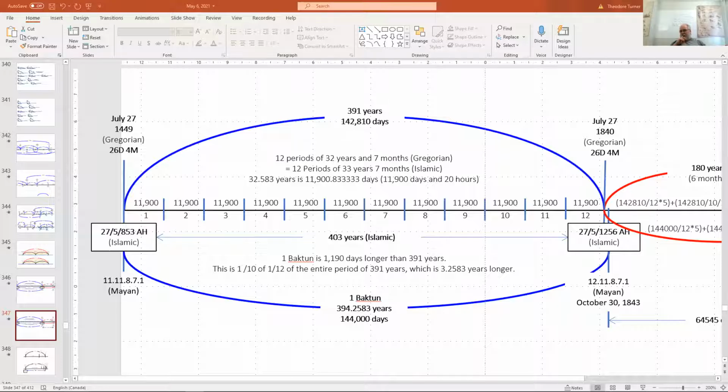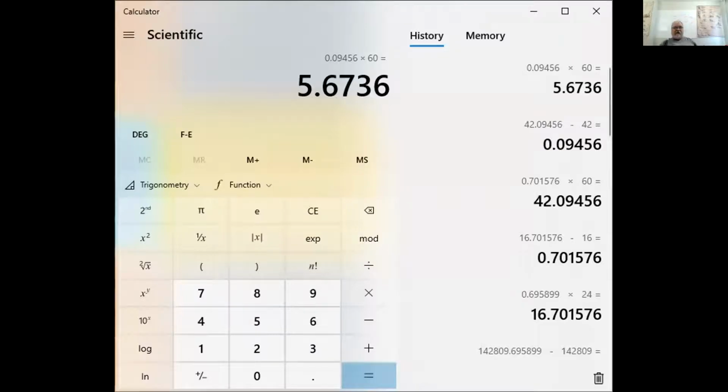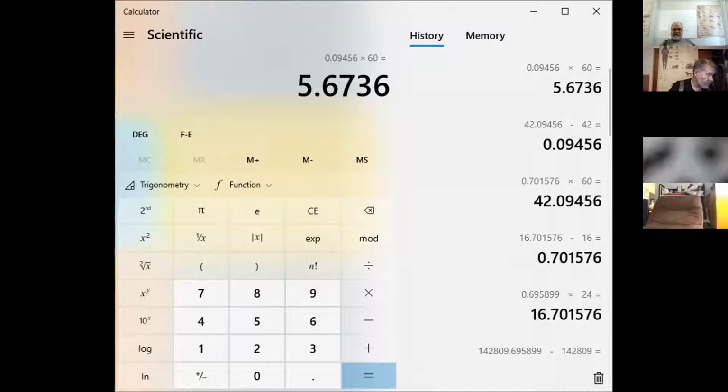Now, for people to understand this, I'm just going to actually switch to my calculator. I don't usually share my calculator on the screen, but I want to just show you some of these calculations.